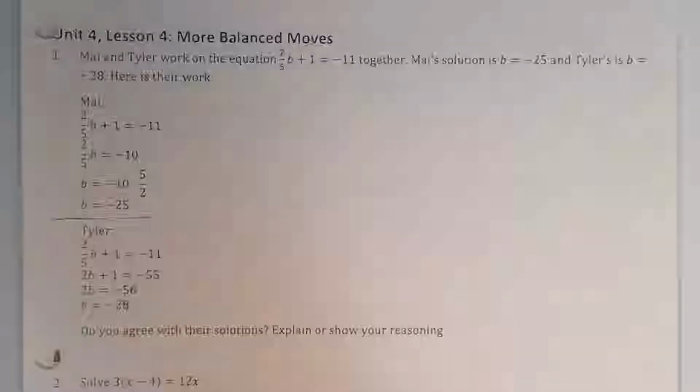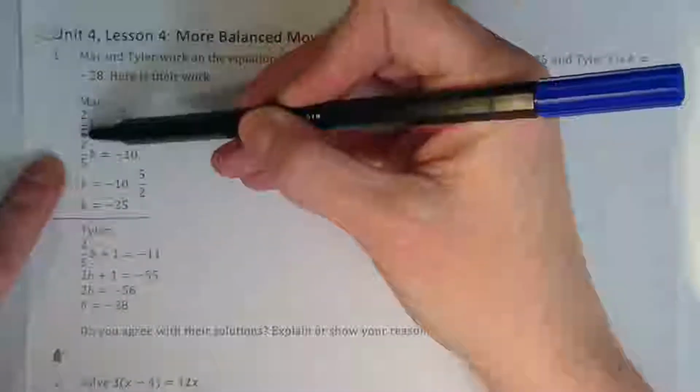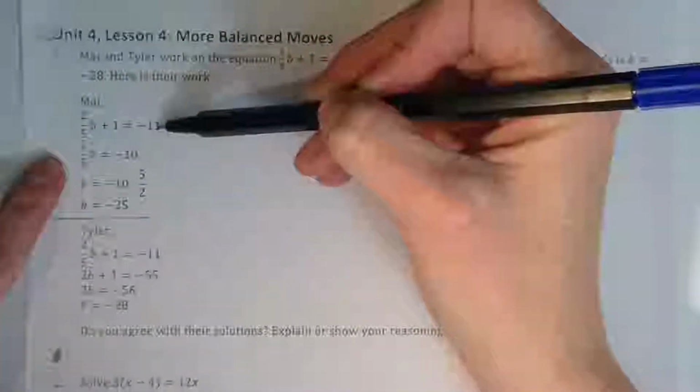So let's just go through step by step and see if we can first figure out what they did each step, and then determine, is what they did mathematically acceptable, correct? So let's take a look at the first step. So 2/5 b plus 1 equals negative 11.